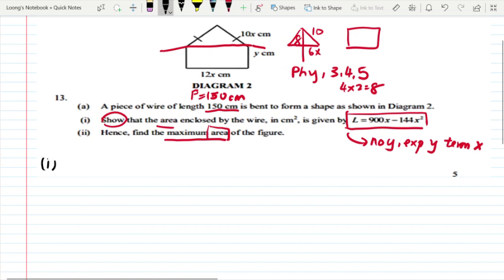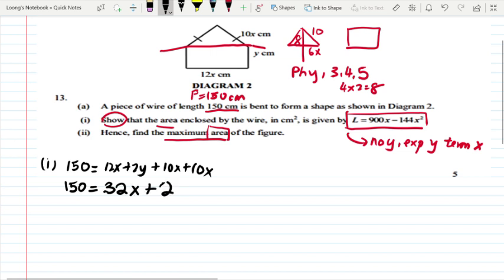For question 1, we start off with the perimeter first, which is 150 equals 12x plus 2y plus 10x plus 10x, so 150 equals 32x plus 2y.